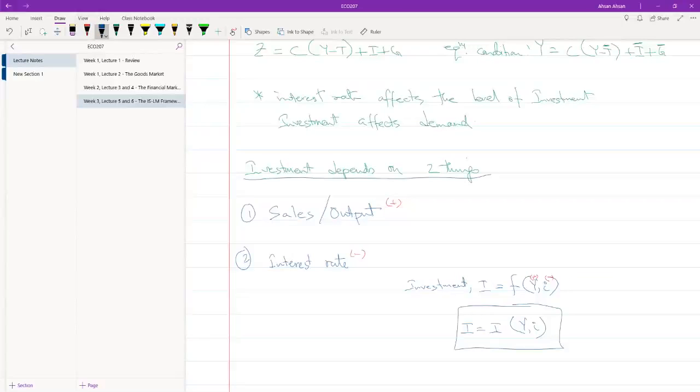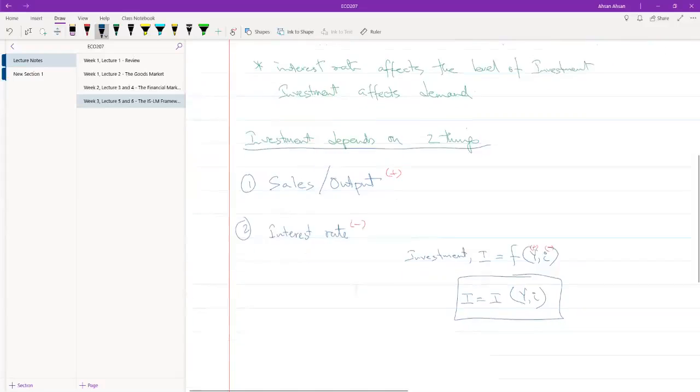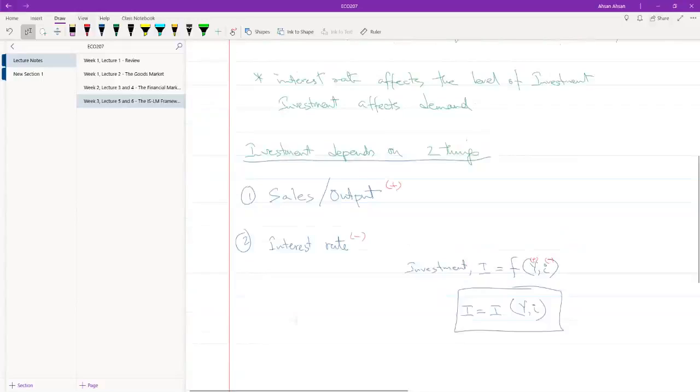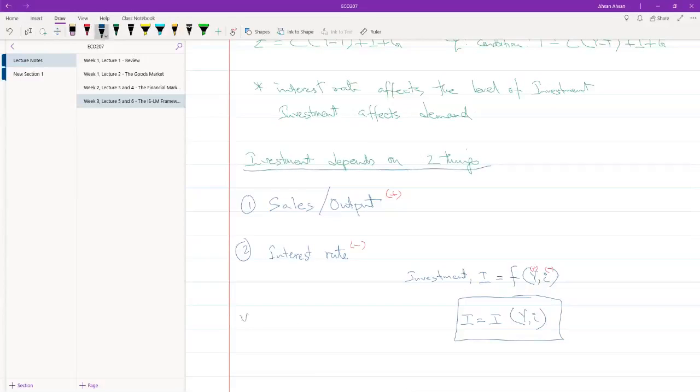So we have now established this relationship, that investment is no longer exogenous, but rather endogenous. And the level of investment is now determined by the income level or the sales level and the interest rate. As a result, this is what happens to our equilibrium condition.